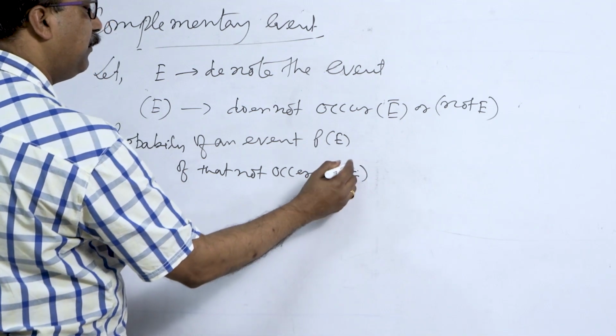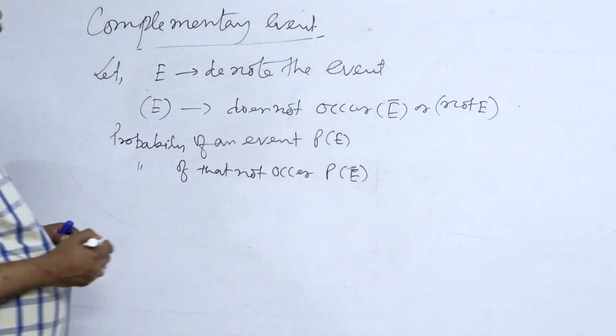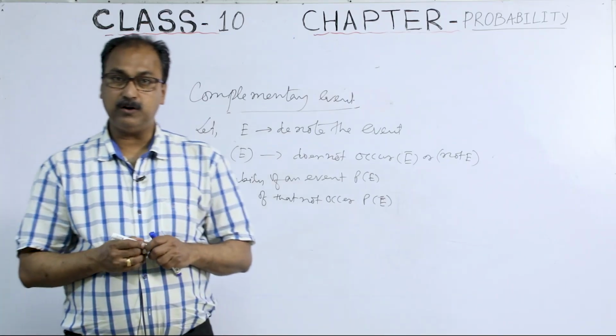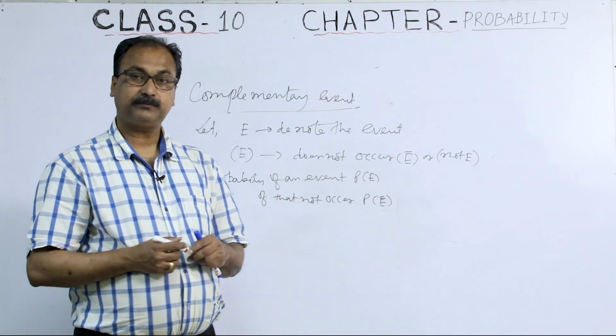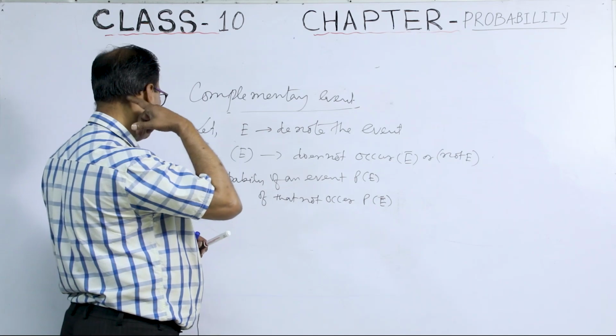Do you follow me? P of E bar. So what is the probability of this not happening? That's called P of E bar.